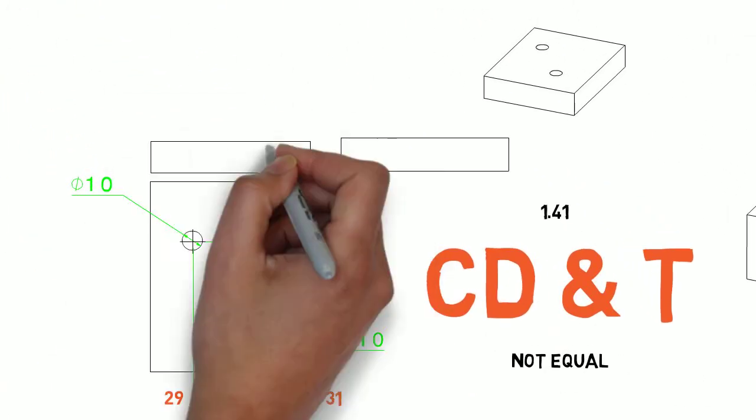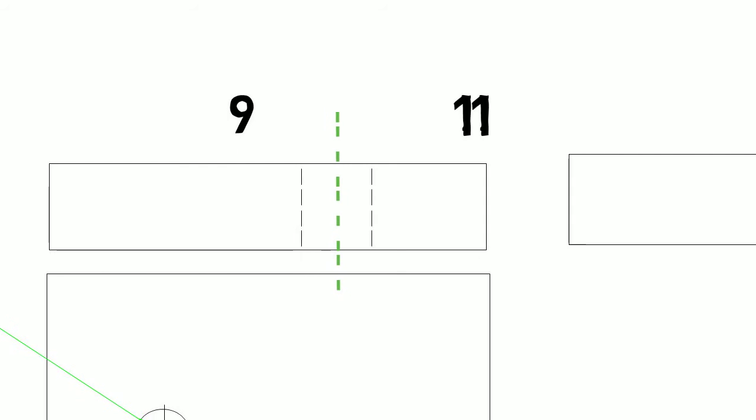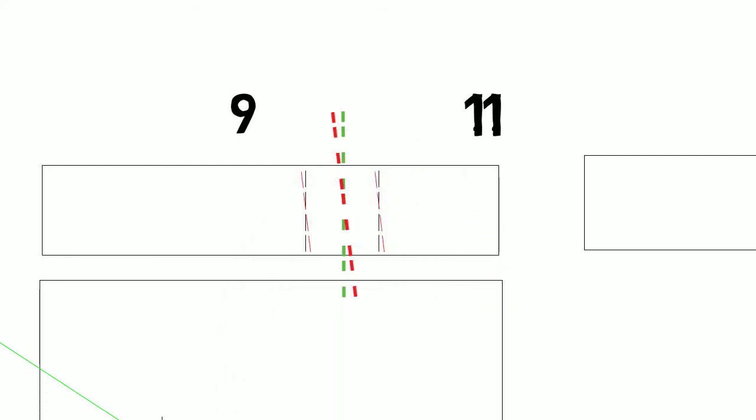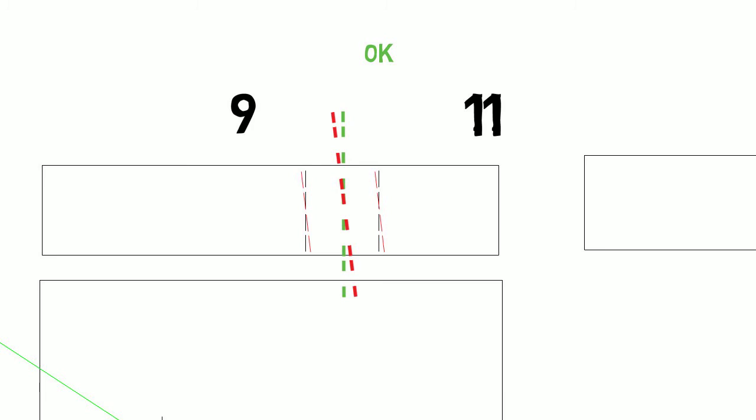In this view, this is an axis of the hole. Now consider the hole diameter having a plus or minus 1 tolerance. So this hole can vary from 9 to 11 mm. Now there may be a chance that this hole gets drilled like this. Again, if the diameter of the hole lies between 9 to 11, it's an okay part for the inspecting person.